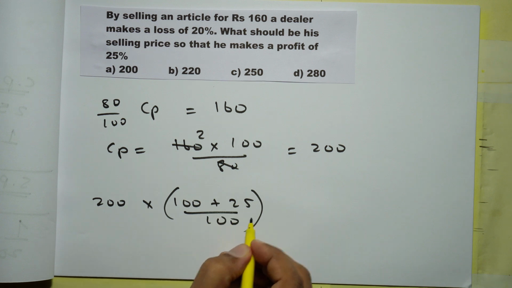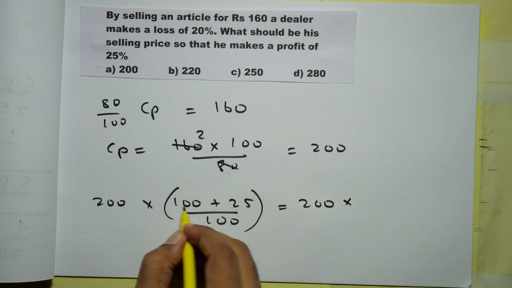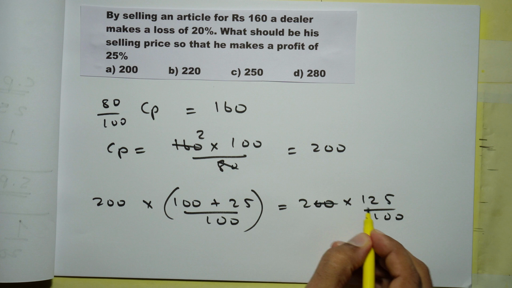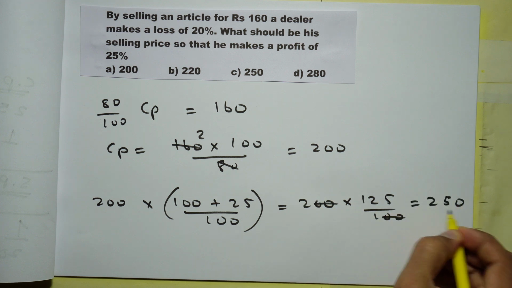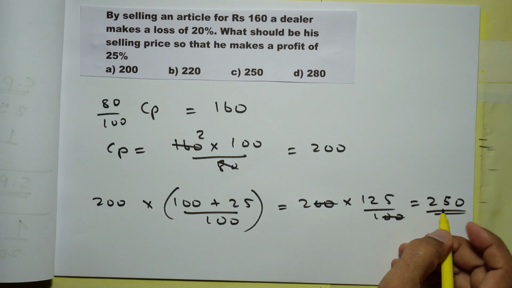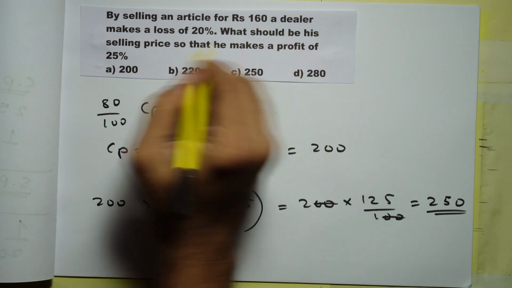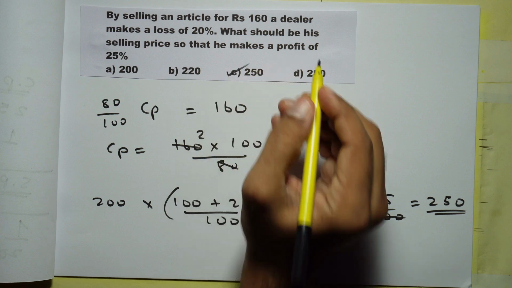Like this, you can increase a value by 25%. So there will be 200 into 125 by 100. 0 and 0 cancel out. So 125 into 2 gives you 250. So the selling price should be rupees 250. Then he will get 25% profit. So what should be his selling price? It should be rupees 250, option C.